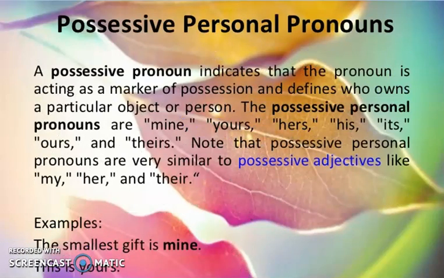The next one is possessive personal pronoun. In a possessive personal pronoun, the pronoun is acting as a marker of possession and defines who owns a particular object or person. Students, do remember, in this it defines who owns a particular object or person.